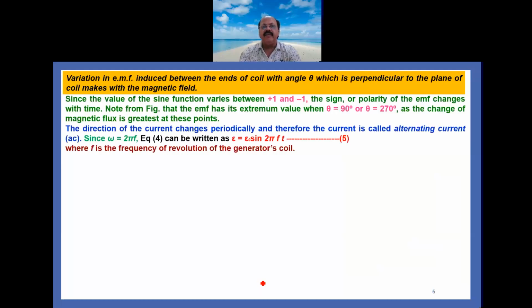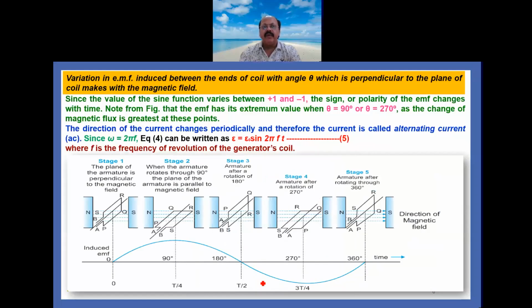Since the value of the sine function varies from +1 to -1, the polarity gets changed, so the sign or polarity of the EMF changes with time. From the following figures, you can note that EMF has its extreme value when theta equal to 90 degree, you can see here in the diagram this position, and theta equal to 270 degree.